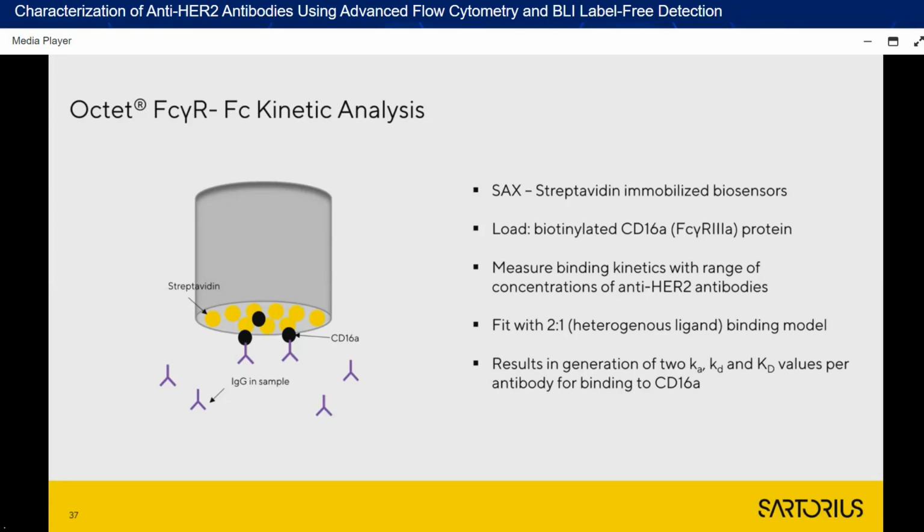Due to the nature of the binding with the CD16A protein, in this case, we fit with a 2-to-1 heterogeneous ligand binding model. And this meant that we generated 2 association, 2 dissociation, and 2 KD values per antibody for the binding to CD16A.